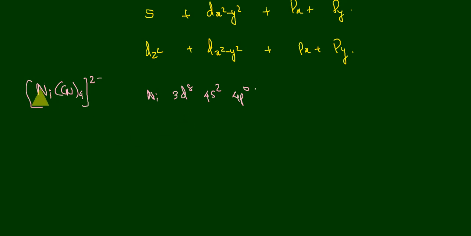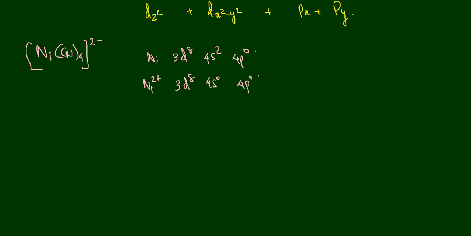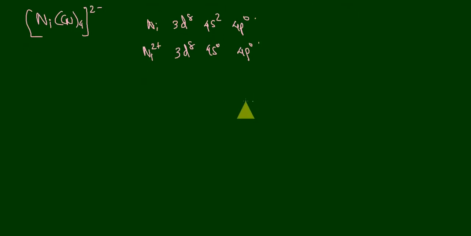And in this complex, nickel is in the +2 oxidation state. So we have to consider Ni2 plus. In Ni2 plus, you have the configuration 3d8, 4s0, 4p0. If I draw the electronic configuration in boxes, I can write it like this. These are the 3d orbitals, 5 orbitals are there.